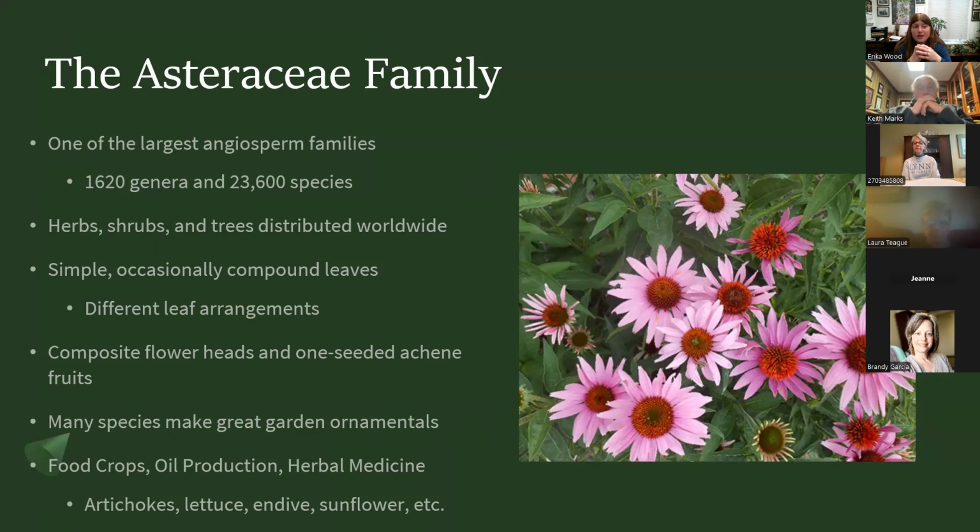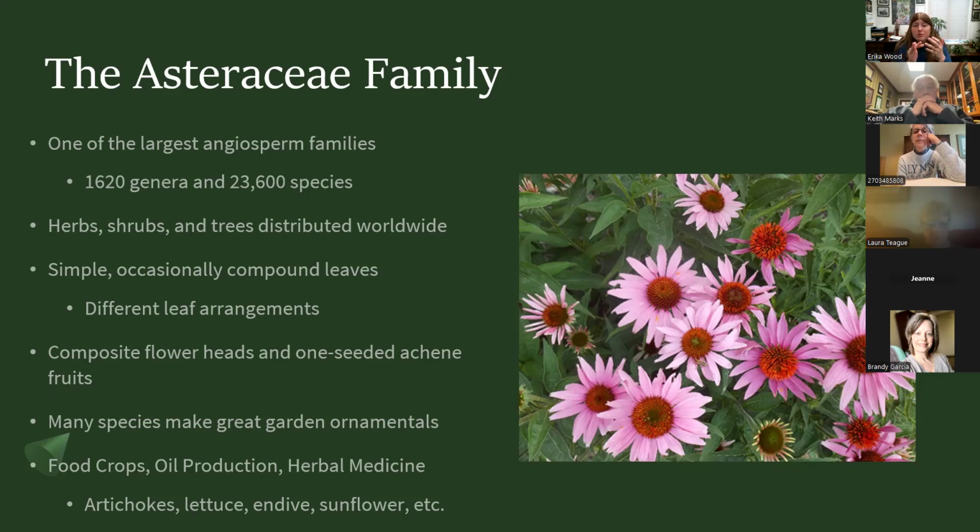And so, this is just kind of a general guide, but they estimate there's over 1,600 genera and over 23,000 species. I think that's even larger depending on what resource you use. There could be even upwards of over 30,000 species of plants in this family. So it is a very big family.